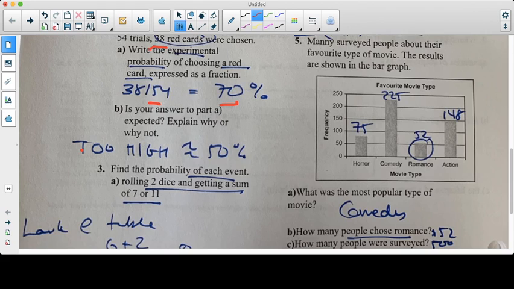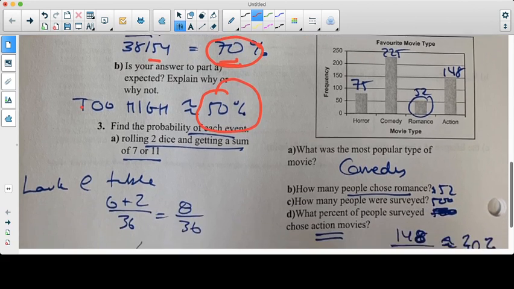That's too high because half the cards are red, so it should be around 50%. Over the long run, if you keep flipping coins in the first question, or draw more cards, you're going to find that your theoretical probability will be approached by the experimental. So this 70% experimental probability will come closer and closer to the 50% theoretical.